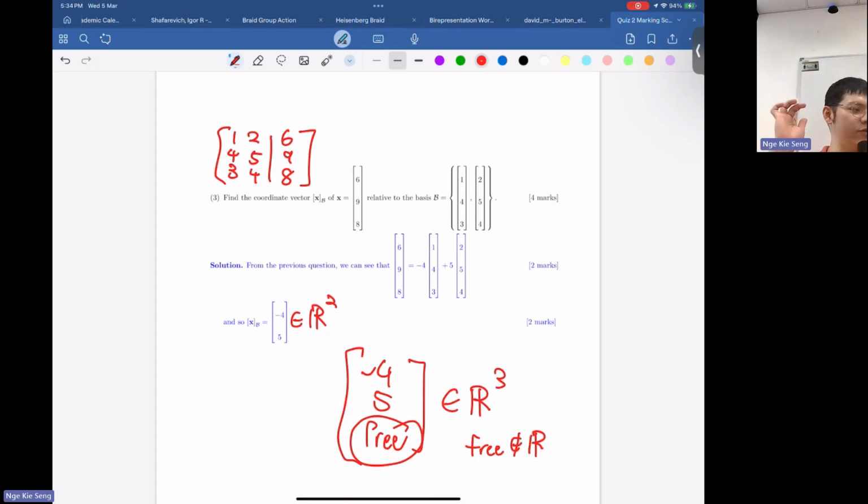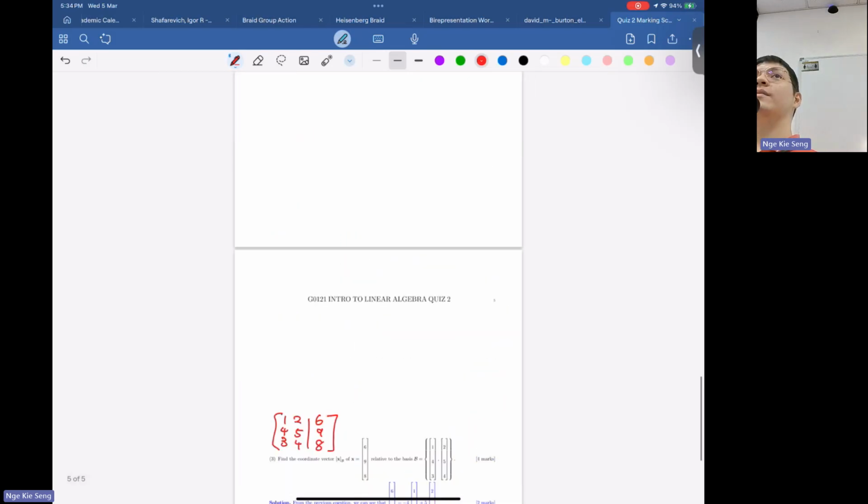So the full answer that I want to show is from 百家宁. Is 百家宁 here? Yeah, you. Are you okay if I scan your solution and post it to the Moodle? So all of you can refer to her solution. Her solution is very complete. It's almost the same as the marking scheme.